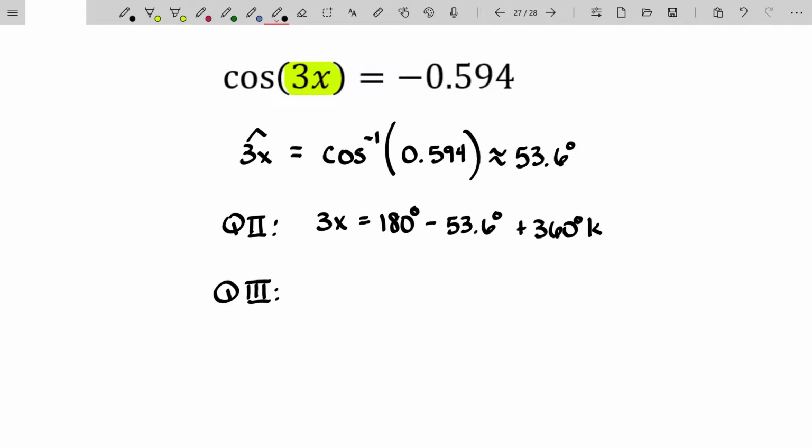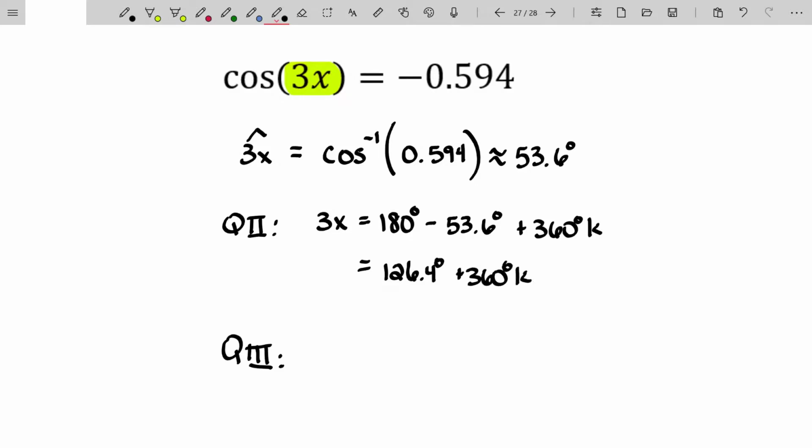Now, you'll need a calculator to figure out what 180 minus 53.6 is, and then you need to divide that by 3. 180 minus 53.6 is 126.4, which was the actual angle that was handed to us by the cosine inverse. But that's okay. So this is equal to 126.4 degrees plus 360K.